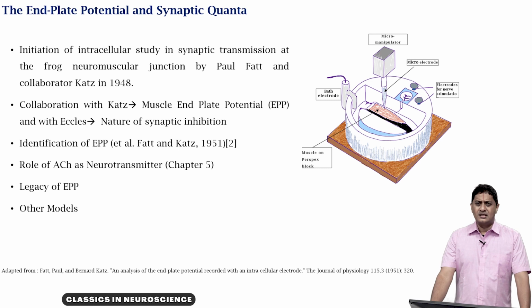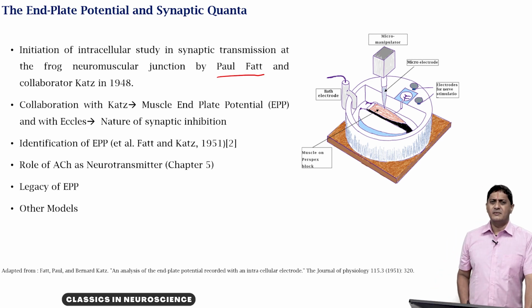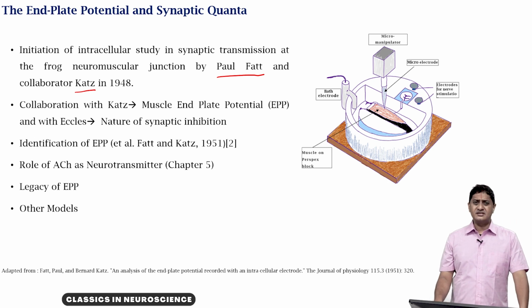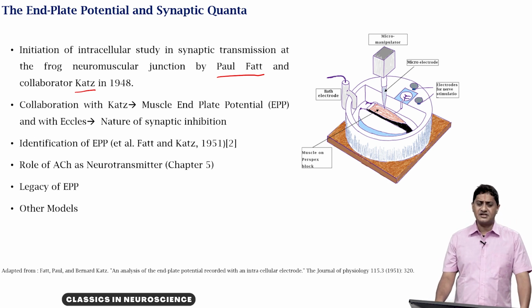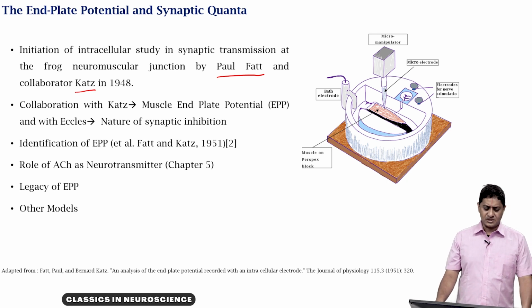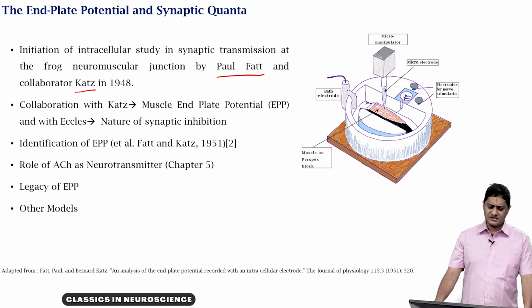So, in 1948, Paul Fatt, an American scientist, joined Bernard Katz, and they initiated their intracellular study of synaptic transmission in the frog's neuromuscular junction. Paul Fatt is a forgotten hero, a brilliant experimentalist who is famous on two counts.